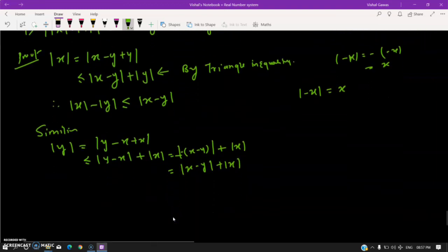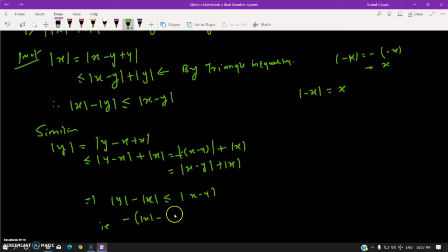Therefore, if I transfer x that side, this implies that the absolute of y minus the absolute of x is less than or equal to the absolute of x minus y, that is, negative of the absolute of x minus y is less than or equal to the absolute of x minus y. So let me name this as 1.